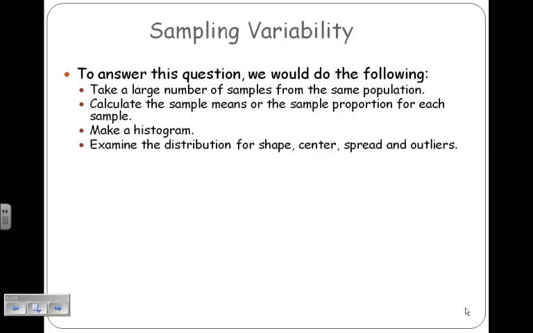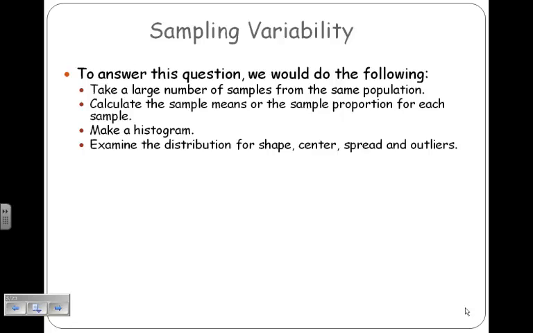We would calculate the sample means or the sample proportion, depending on which we're interested in, for each sample. Then we would make a histogram, and we would examine the distribution for the shape, the center, the spread, and the outliers. Remember CUS? It's coming back now. So we're going to be using CUS when we start talking about these distributions.